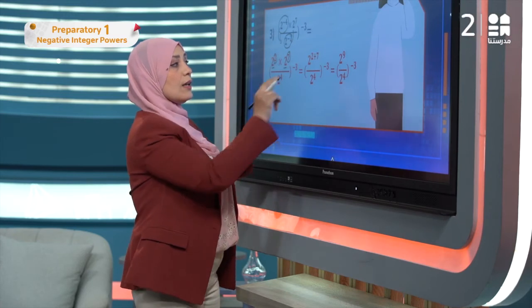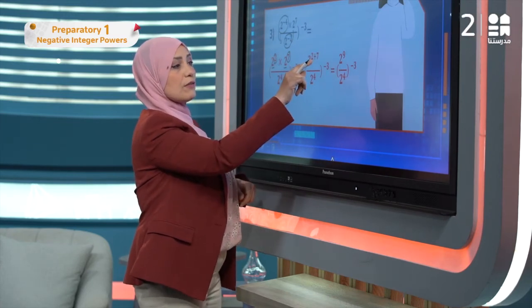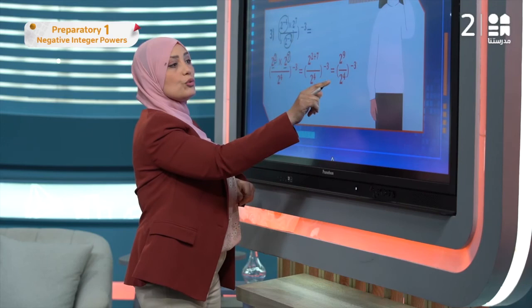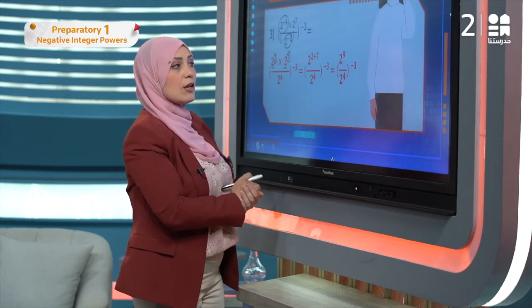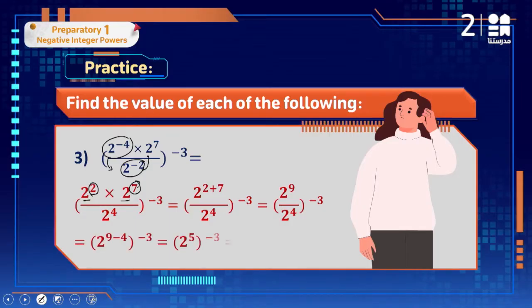So 2 plus 7 is 9, and 2 to the power of 4 as it is. Then in division we have to subtract the exponents, so it becomes 2 to the power of 9 minus 4, which is 2 to the power of 5, all of them to the power of negative 3.